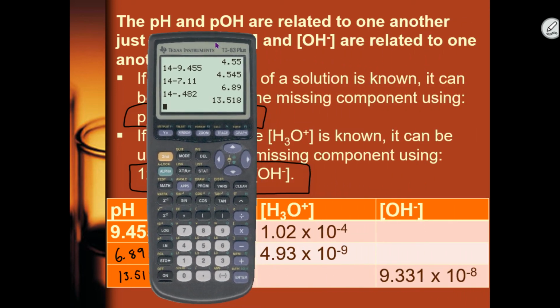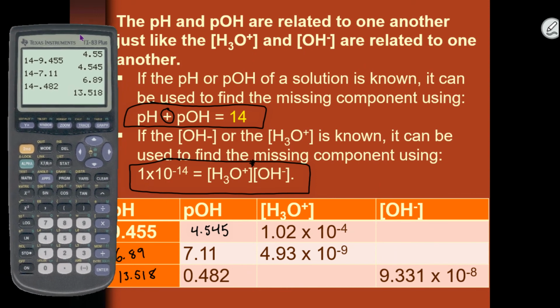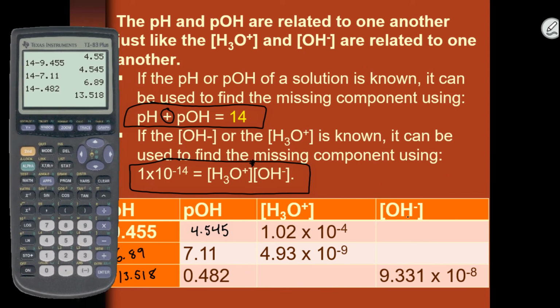Now, if I go over here, I can use the second equation to calculate the OH concentration and the H plus concentration. So I'm going to take parentheses. I usually like to add parentheses here. I'm going to do 1.0 E negative 14, which comes from my equation here.